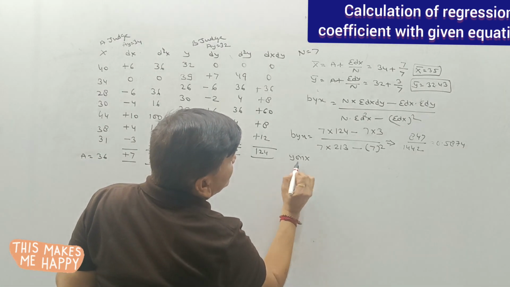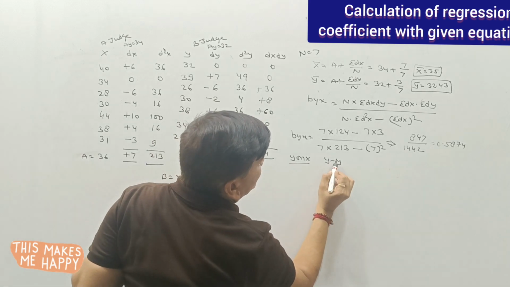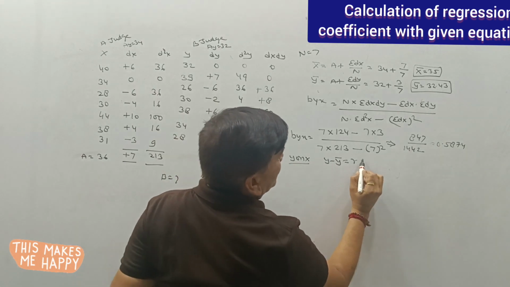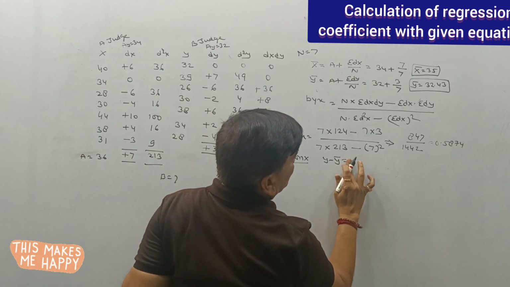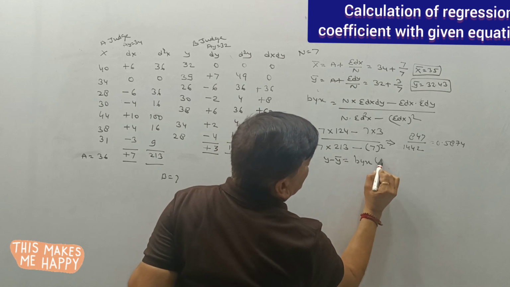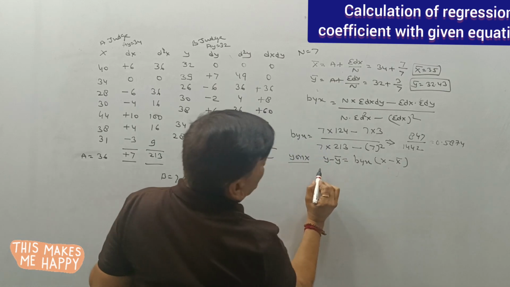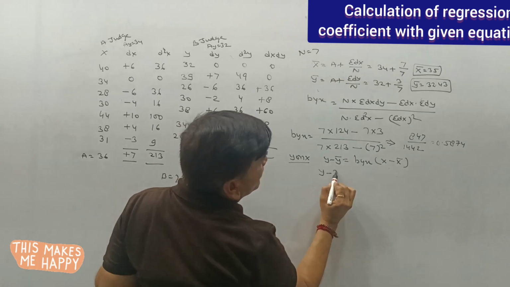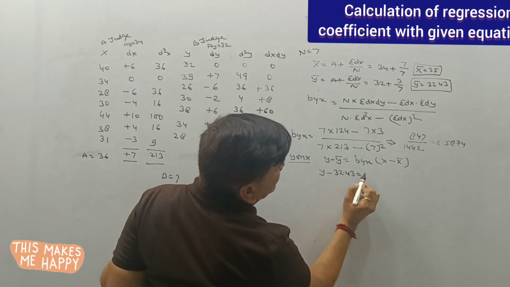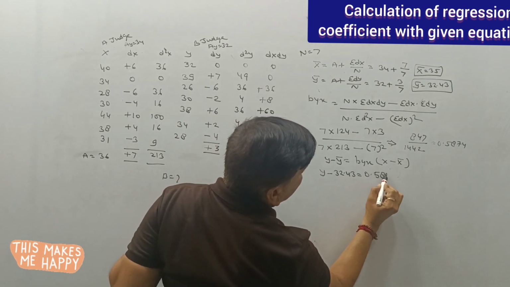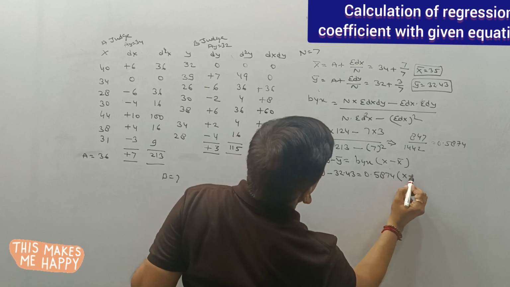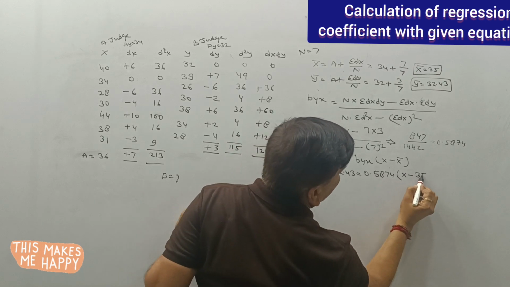y on x equation is y minus y bar equals byx, x minus x bar. So y minus y bar 32.43 is 0.5874, x minus x bar value is 35.